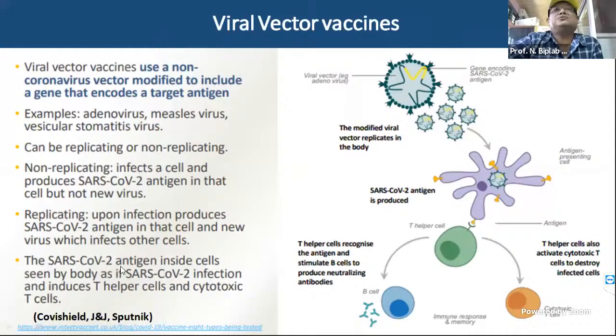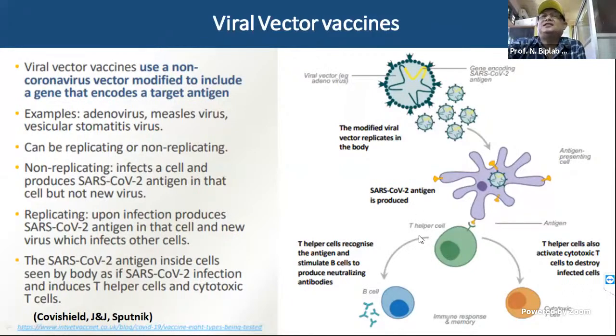So the SARS-CoV-2 antigen inside the cell is seen by the body as if it were a SARS-CoV-2 infection, and this induces T helper cells and cytotoxic T cells. So this is a viral vector, and the modified viral vector replicates inside the body, and the SARS-CoV-2 antigen is produced and represented to the T helper cells.